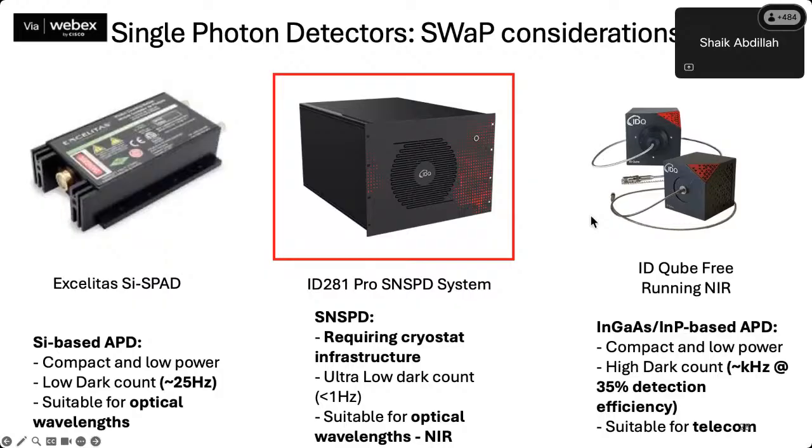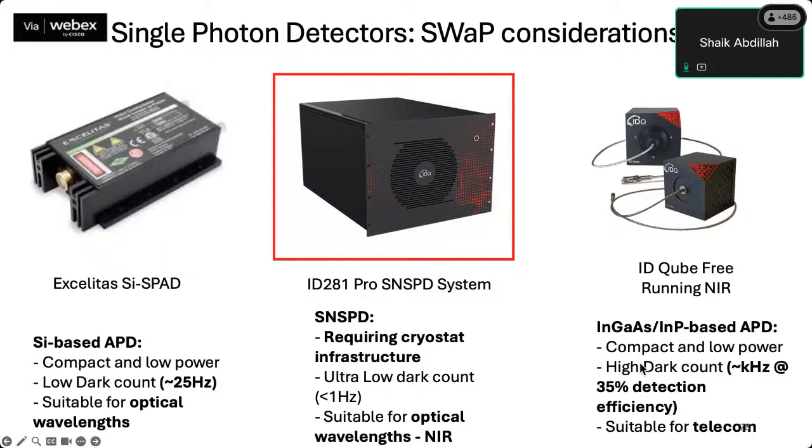So I have some photos of single photon detectors that are commonly used in experiments like ours. On the left and on the far right, we have two single photon avalanche photodiodes, right? The silicon-based and the InGaAs, InP-based APDs. These two APDs operate at different wavelengths. Silicon-based APDs are suitable for optical wavelengths, so 400 to 800 nanometers.